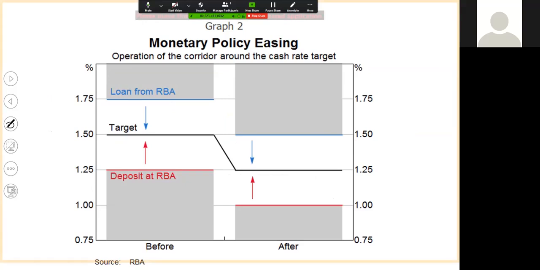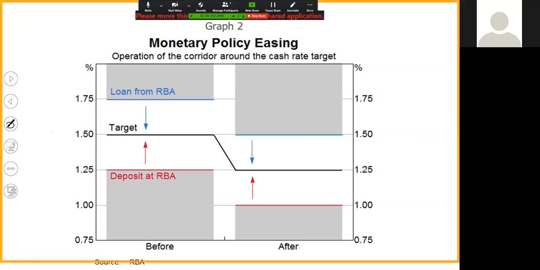Now, if it wanted to reduce it, let's say, if it wanted to go for an easing policy, if it wanted to reduce it by 0.25, as you can see, the Reserve Bank can just change the lending rate and the deposit rate. So what has it done here now?